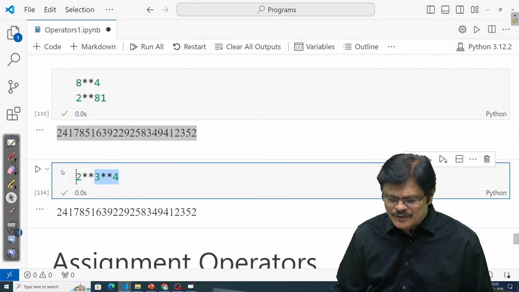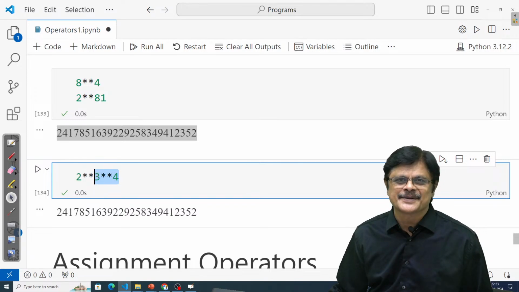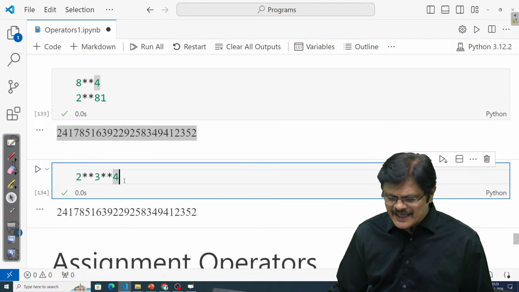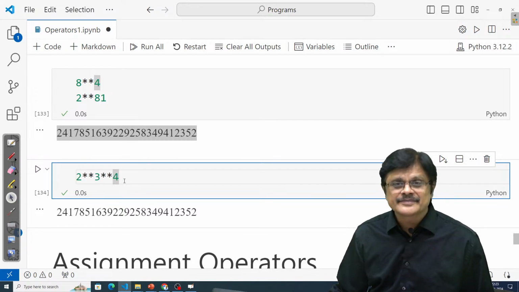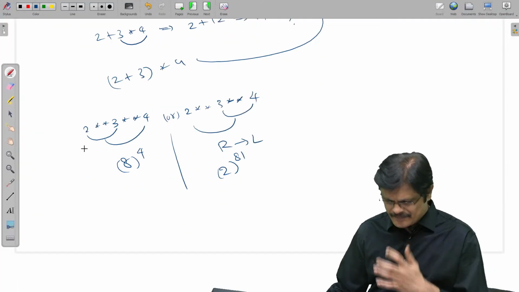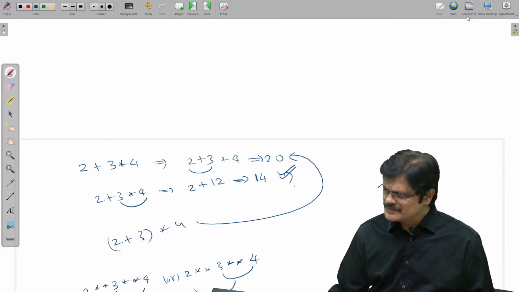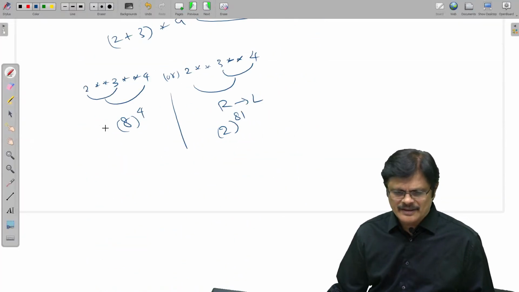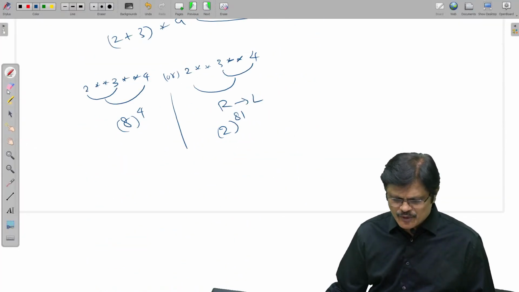Because it is right to left associative. Hope you understand. Right? So let us move on to the next one.